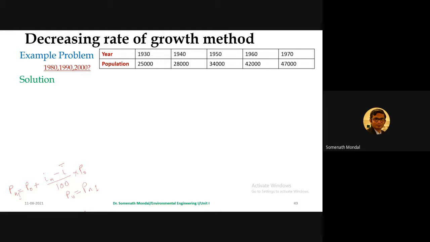And as well as the I, this one would become your In2. Understood? For the second case, Pn1 plus In2 minus I bar by 100 into Pn1.